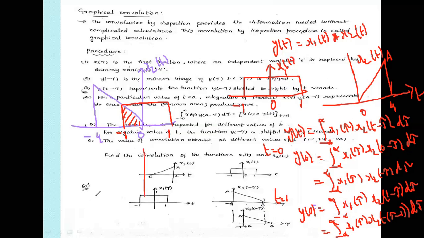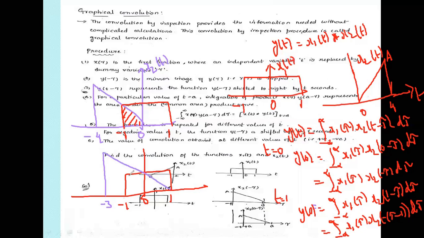Now the graph looks like this; there is no change in x1. From minus 1 to 1, x1 of t is the same signal. Now the other signal is shifted towards the right by one sample. Already minus 4 was there, now it becomes minus 3. It starts at minus 3 and ends at 0, also shifted by one sample. Add the 1 and you get the value like this.